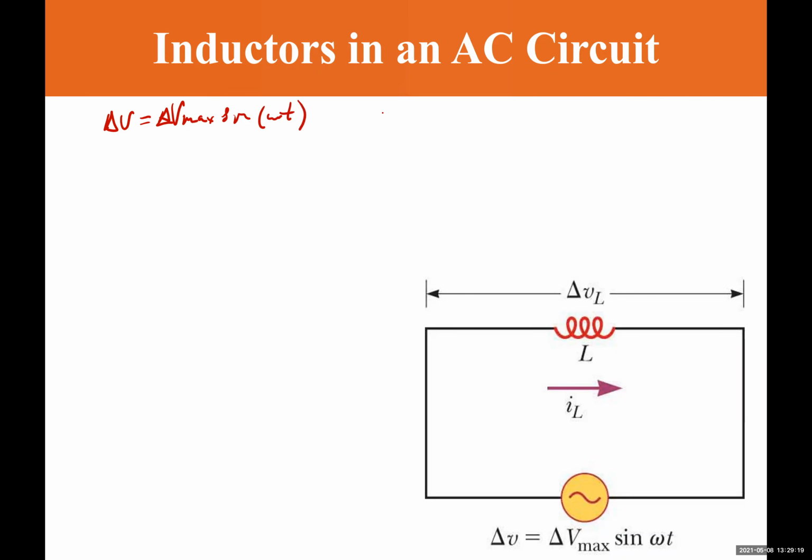For the current, I can just write V instead of delta V, and I instead of delta I. So the current across the inductor I_L is negative delta V max over omega L, then cosine omega t.